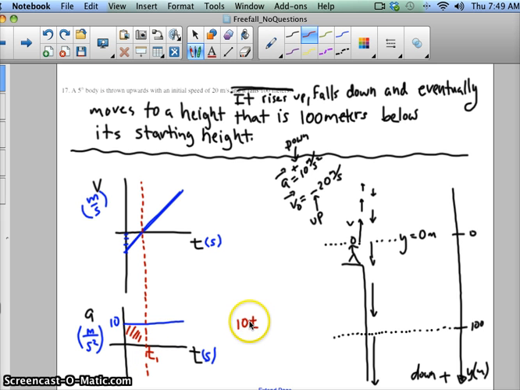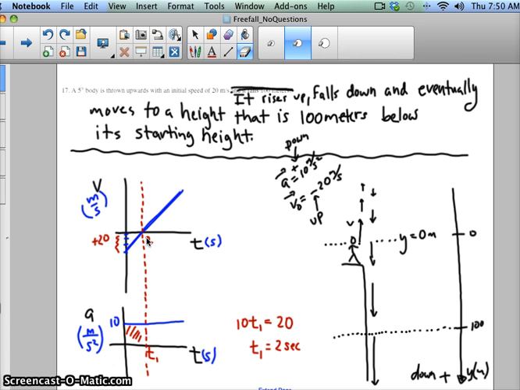So 10 t1, right, has to equal 20 meters per second, because my change in velocity is a positive 20 meters per second. So my t1 has got to be 2 seconds. All right, so this is 2 seconds, and I'll just erase this.